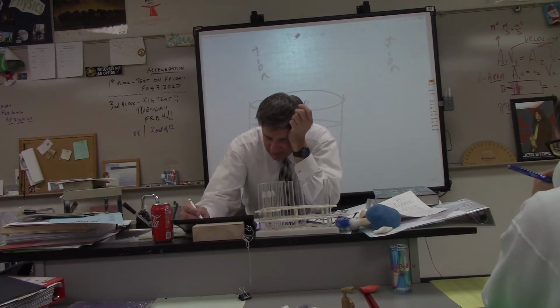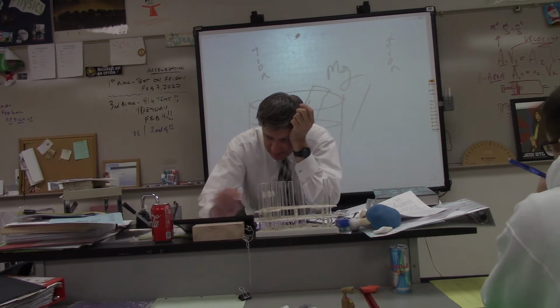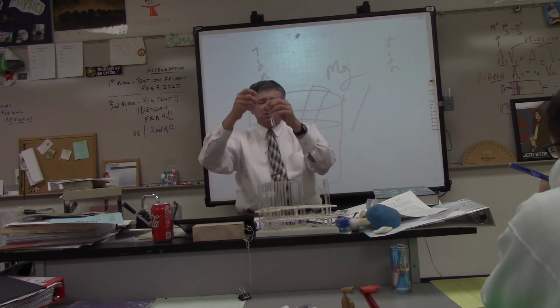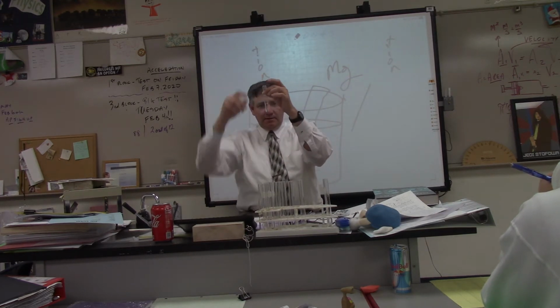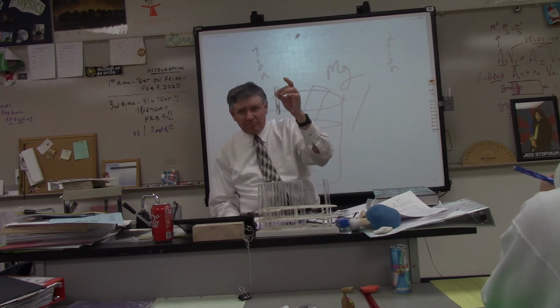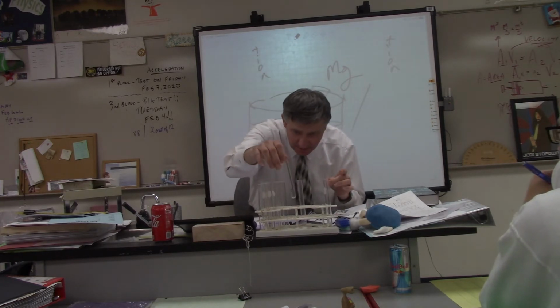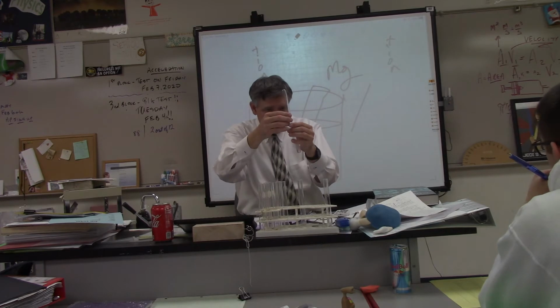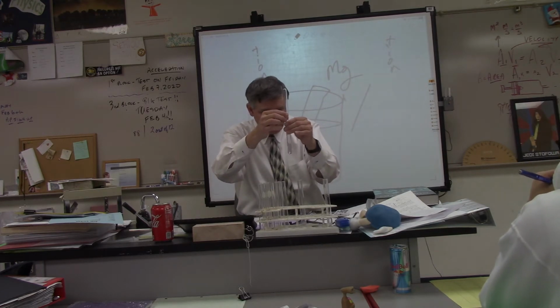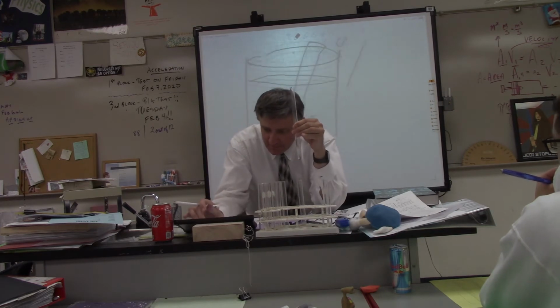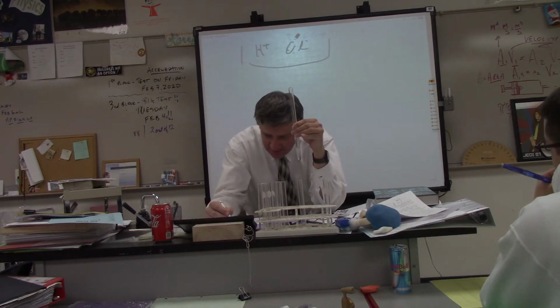And then I'm going to jump into that a chunk of magnesium, okay? So I'm going to drop this in, okay? And right away we get a pretty vigorous reaction taking place, lots of bubbles, okay? And we're going to collect that gas for a while.